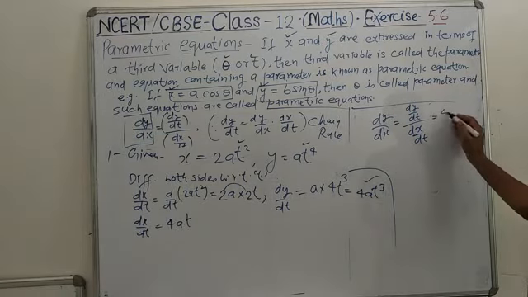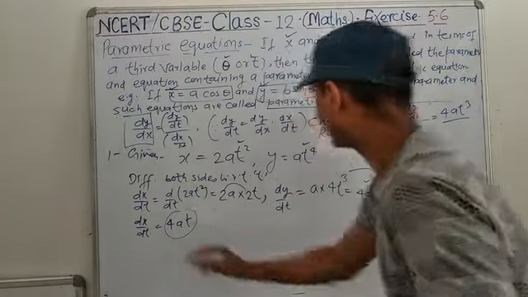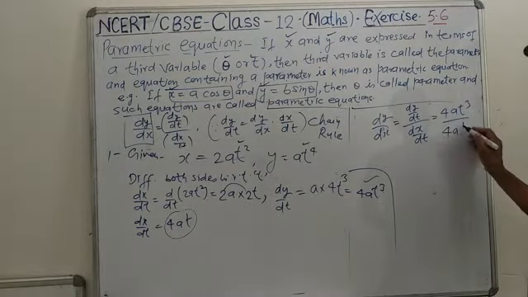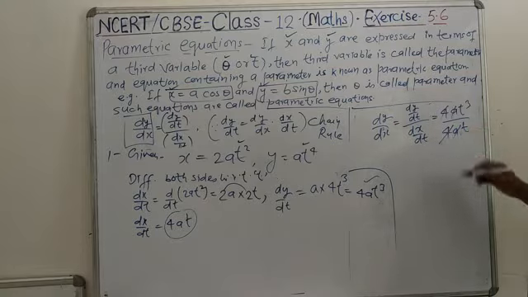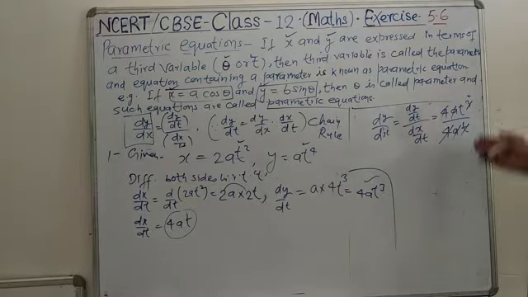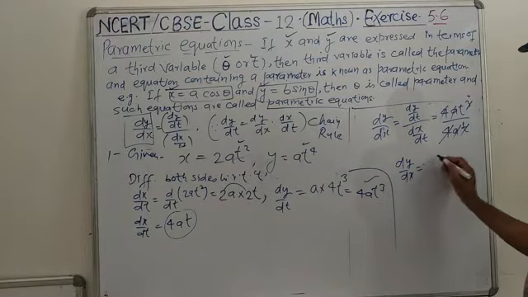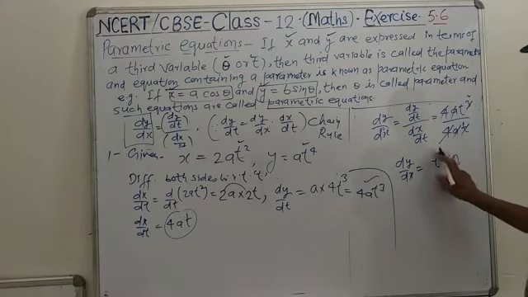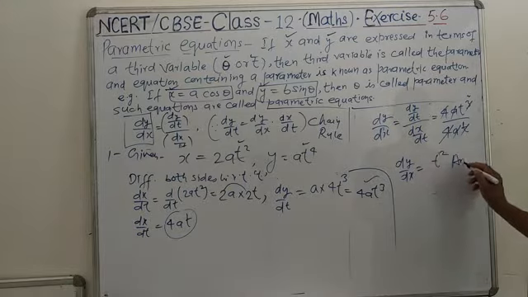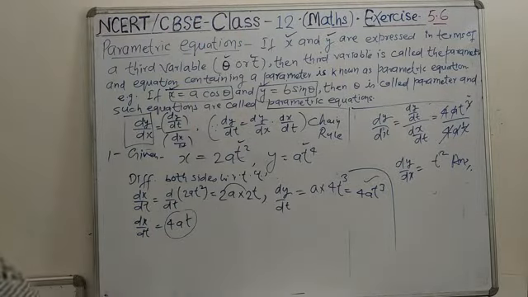This 4at cube, and dx by dt is this 4at. 4 cancels, a cancels, t is a single t, and subtracting the powers in the division, we get t square. That means dy by dx is equal to t square. It is our required solution. So by this method we can solve all the parametric equations.